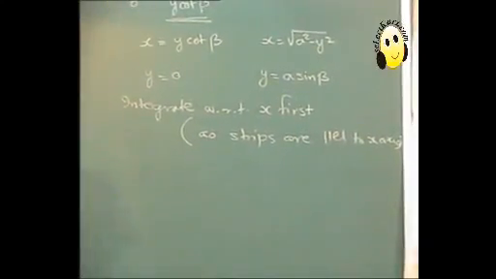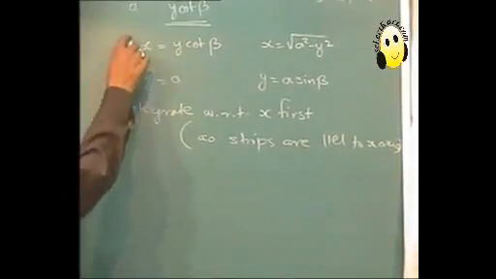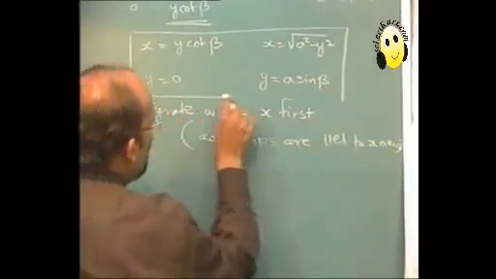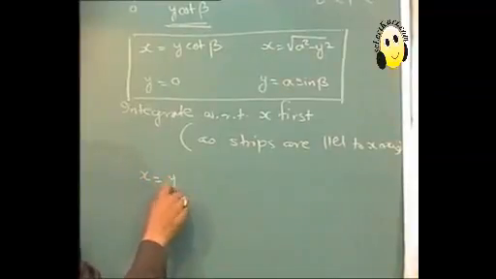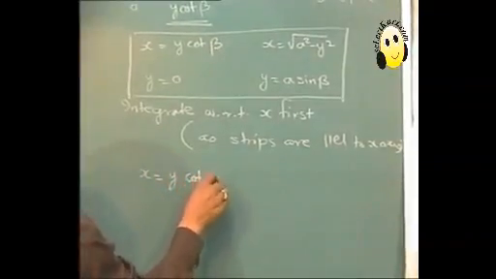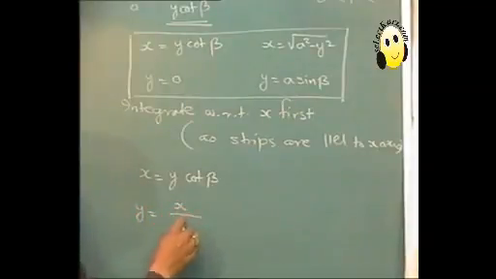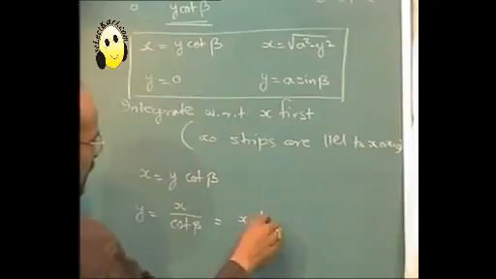We will first of all find out the region of integration from the four curves which we have already written. Out of that, the very first curve is x equal to y cot beta, which can be rewritten as y equal to x upon cot beta, which is nothing but x into tan beta.